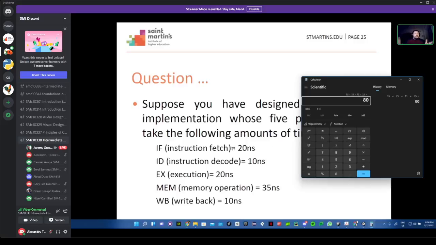Because if a clock cycle is going to be 35 nanoseconds in order to incorporate this larger process, then we're going to be waiting this amount of nanoseconds per instruction, because these different operations take less time. Does this make sense?